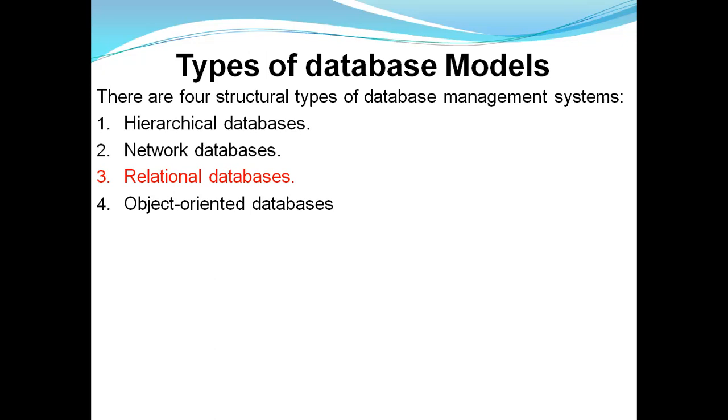A relational database is when you are storing the data in a tabular form. A table itself is called a relation, and when the data is stored in the relational form, or you can say tabular form, it is a relational database.